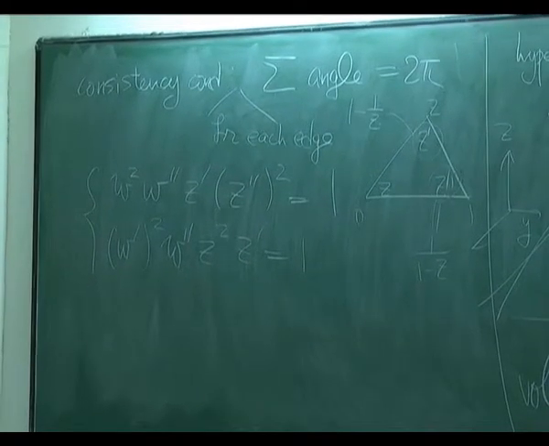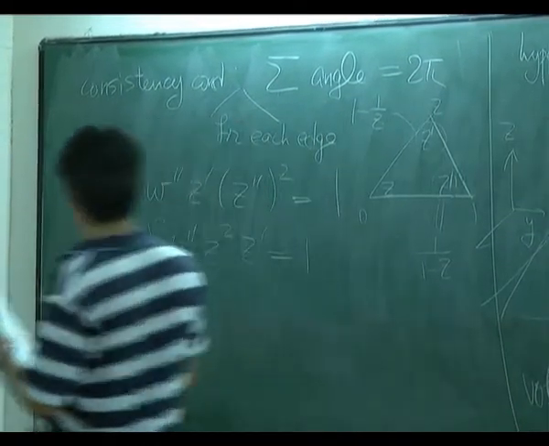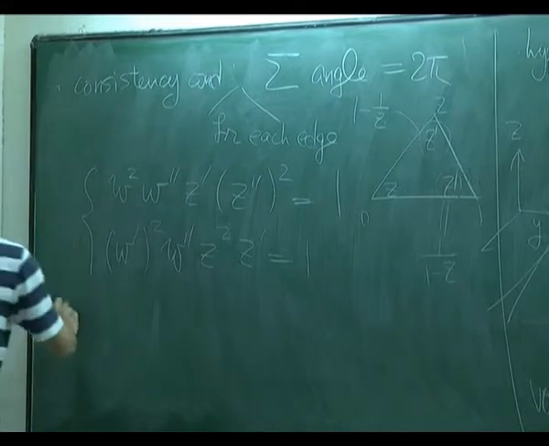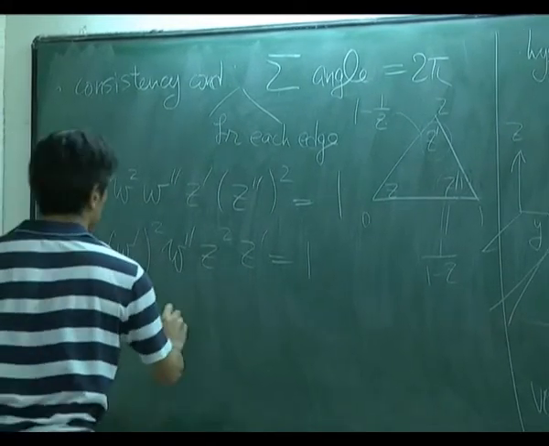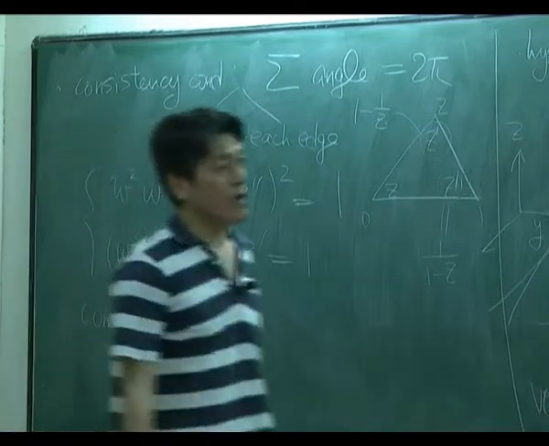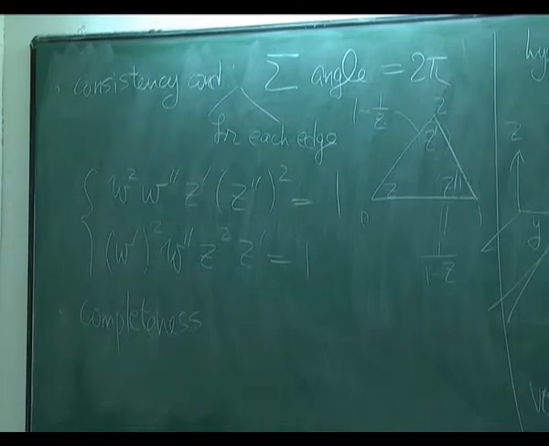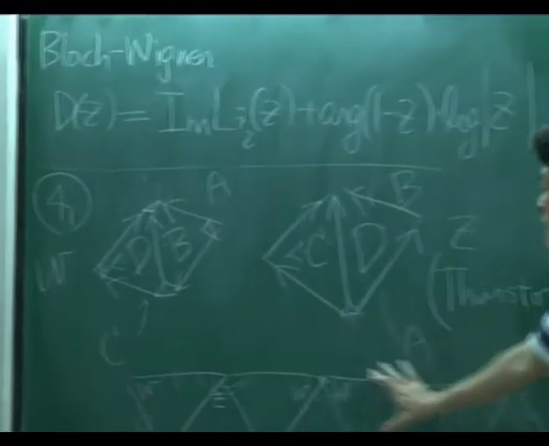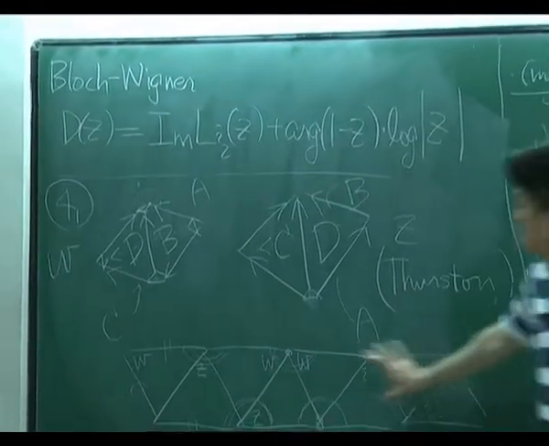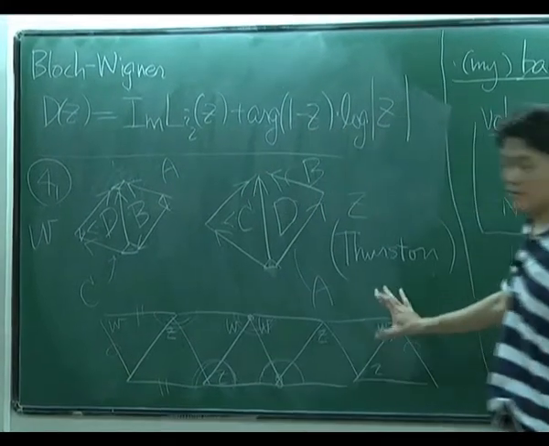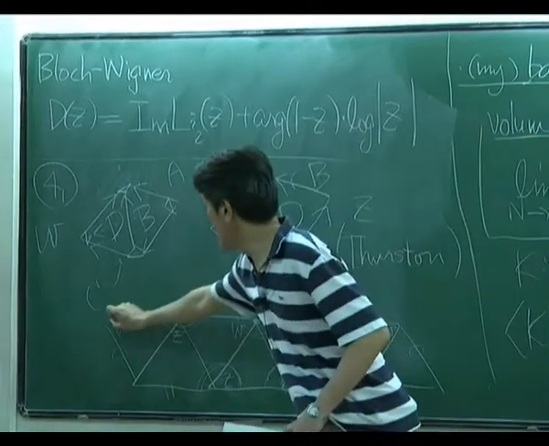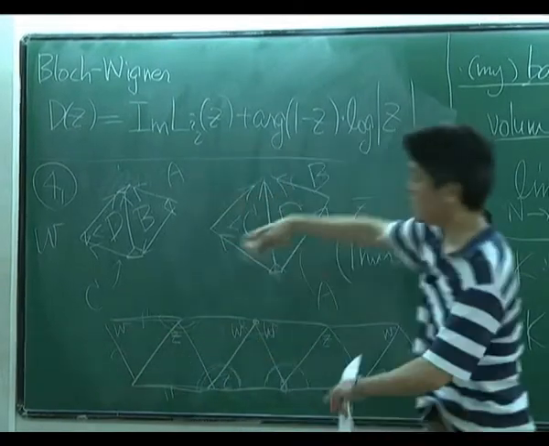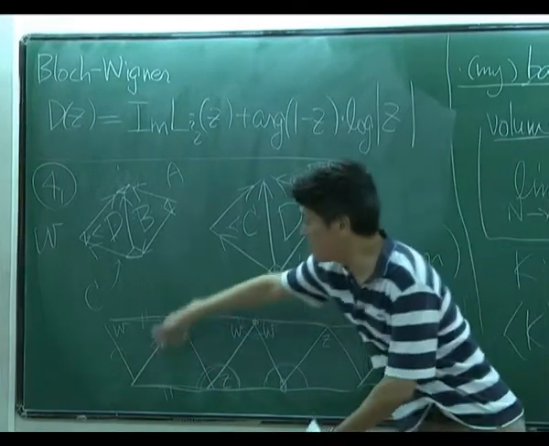So to determine W and Z, we need other conditions called completeness conditions. The completeness means, roughly speaking, that this triangulation is just a quadrilateral. I mean, this edge must be parallel to this one.